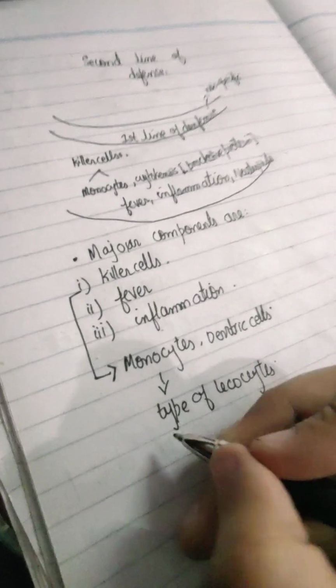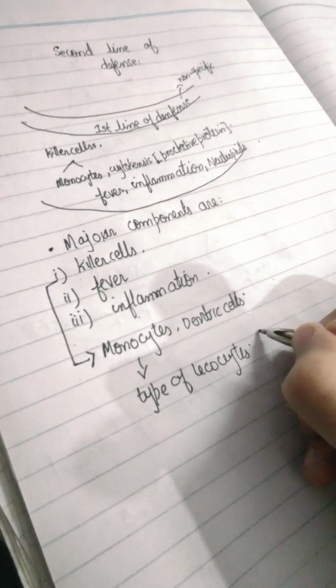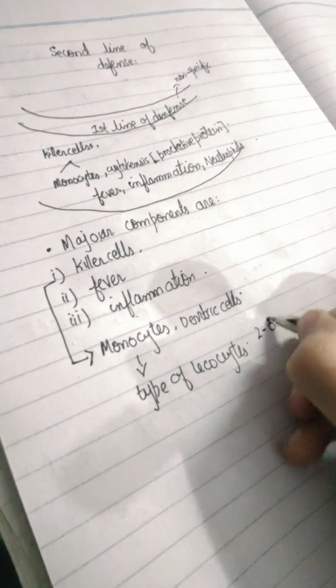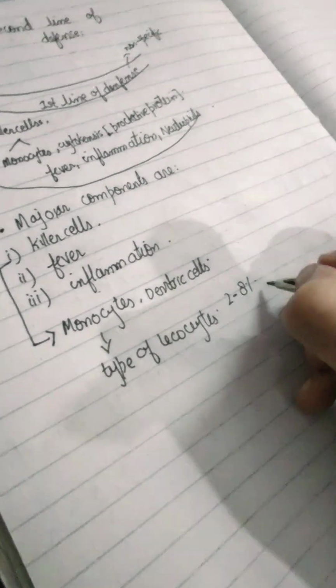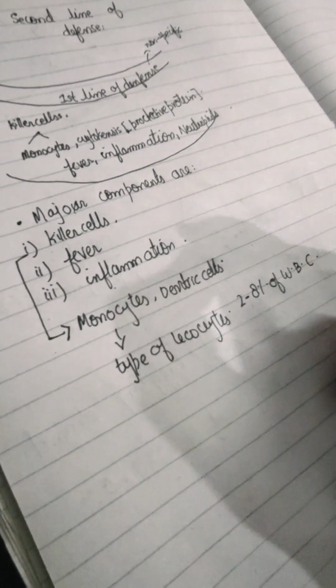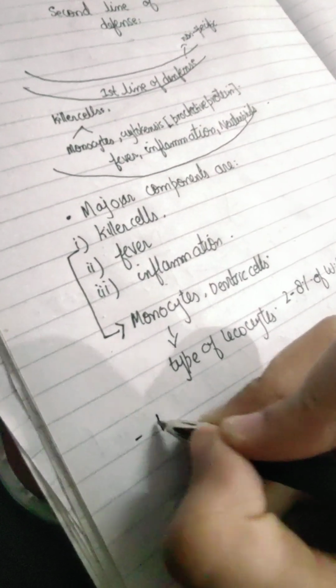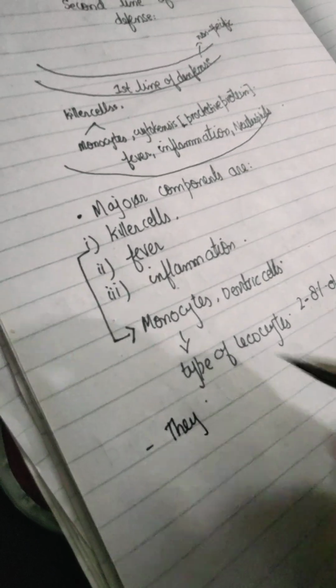If we talk about RBC and WBC, monocytes make up 2 to 8% of the WBC. They are agranulocytes. What are granules?